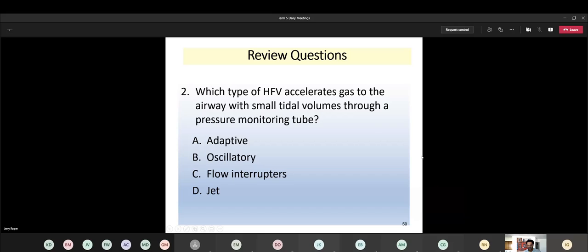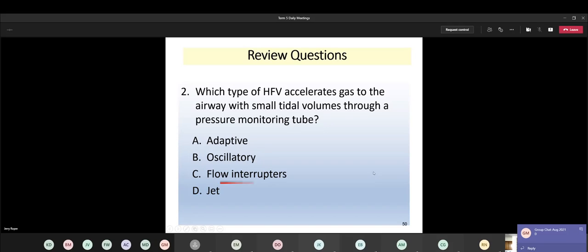Which type of high frequency does this? The keywords here being accelerates the gas.